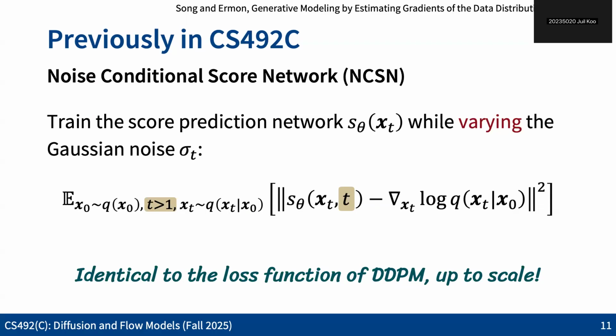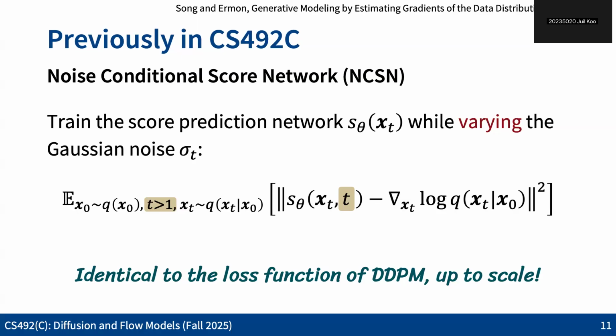And after doing all these things, this looks like the same thing we have seen in the DDPM case, right? This is actually exactly the same as the noise predictor that we have seen in DDPM. So this is one possible way to define the diffusion model, and also one way to interpret the diffusion process in the diffusion model.